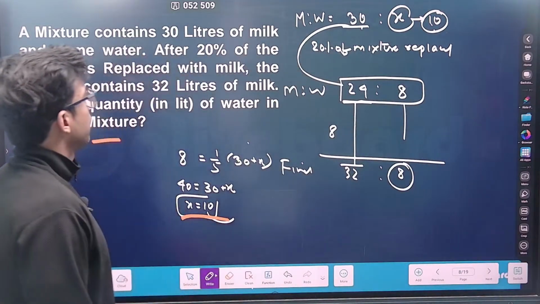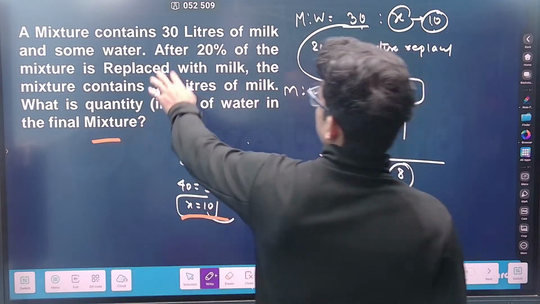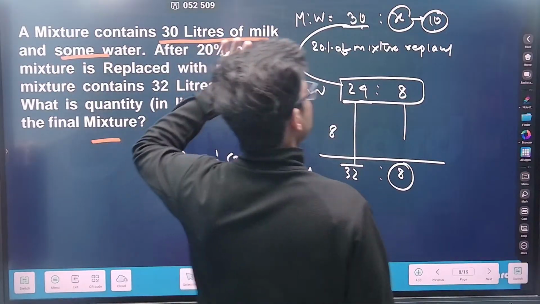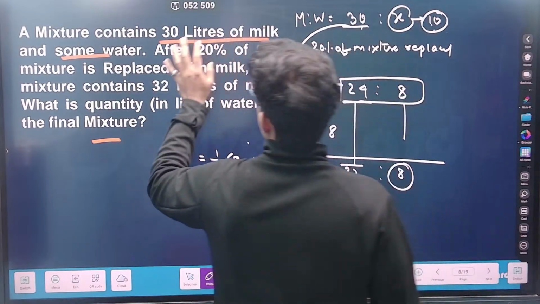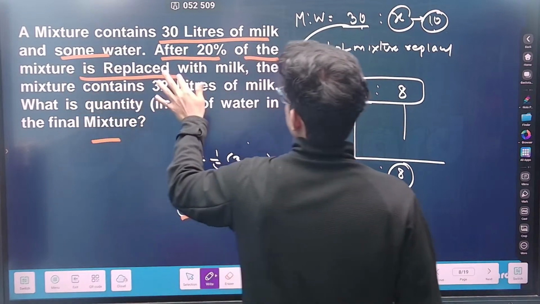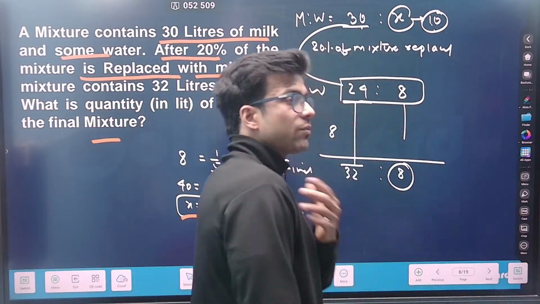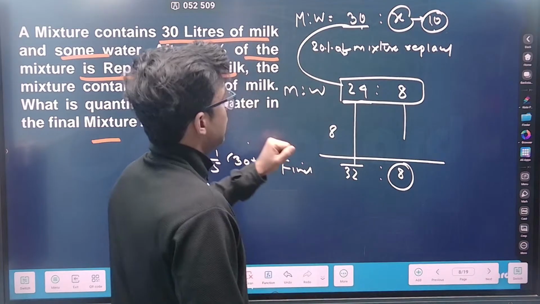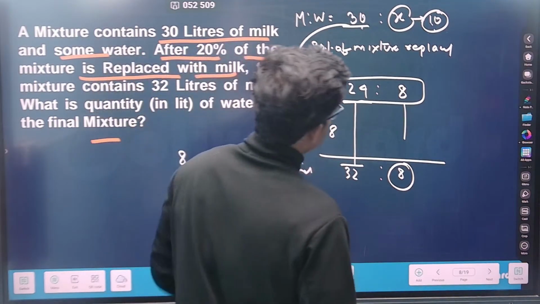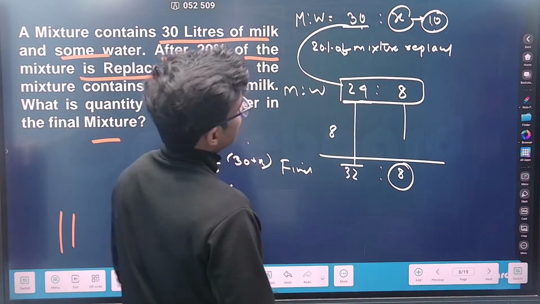See, guys, let's understand the question first. A mixture contains 30 liters of milk and some water. I don't know about the water. Fine. After 20% of the mixture is getting replaced with milk, then your mixture contains 32 liters of milk.